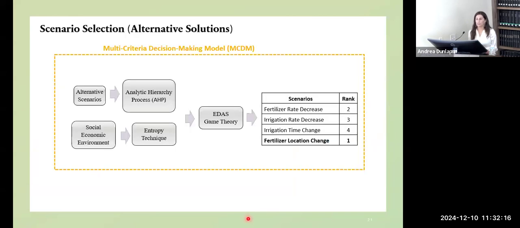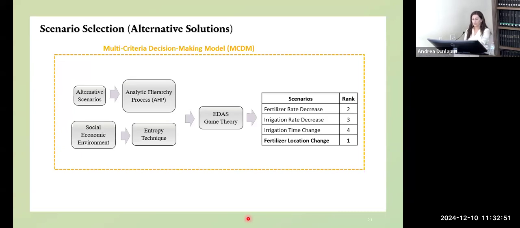After doing this, we used a multi-criteria decision-making model, called MCDM. What these management type models do is allocate weights to the indices that we want to look at. Here the three indices we wanted to include in our decision were the environment, economic, and social index.